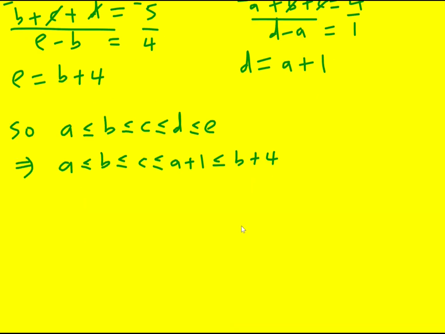So C can also only be 1 more than A, actually. So the max value of C, because remember, that's what we're trying to do, we're trying to maximize C to minimize S, is A plus 1.